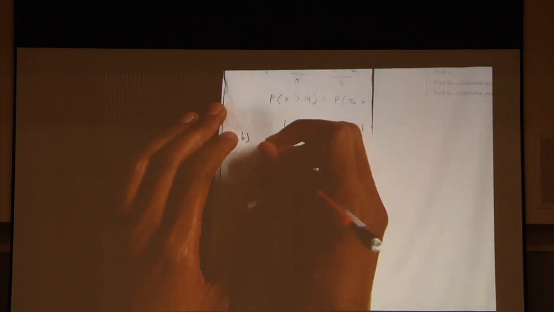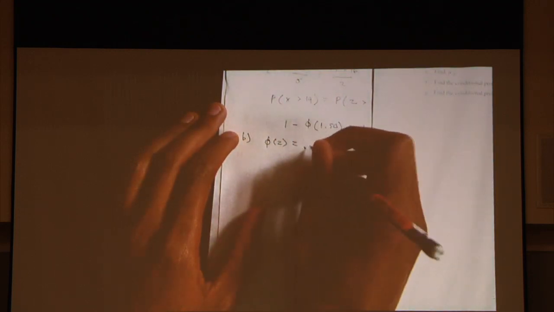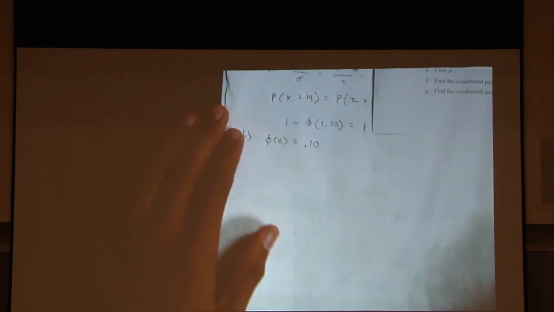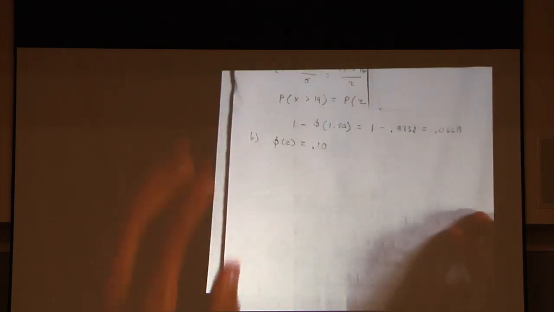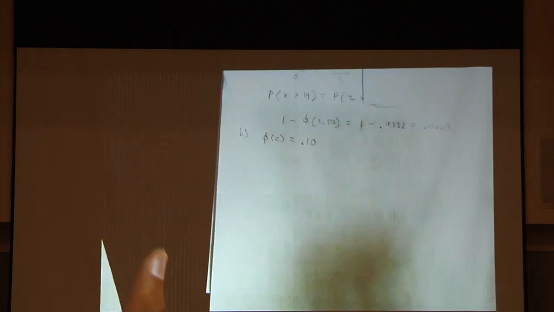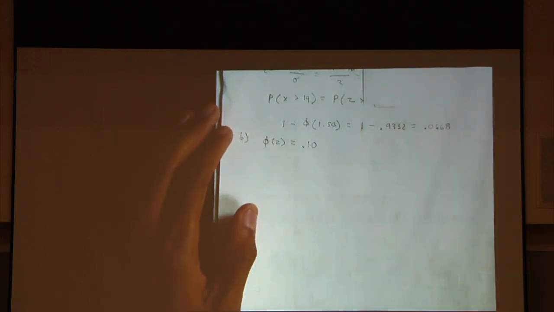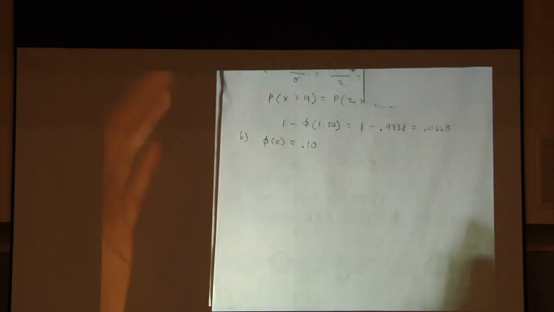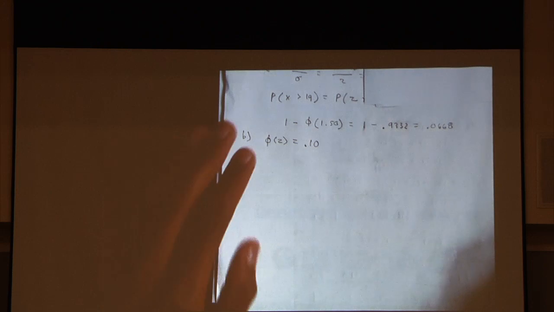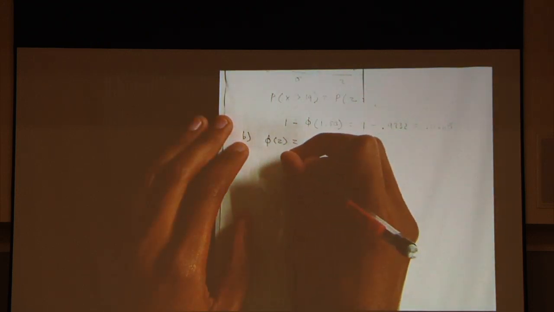So then all you want to do is look for that z that corresponds to that percent. And sometimes you won't have the exact number, because sometimes they jump to a different number. So here's where you round. It's not that big of a difference.